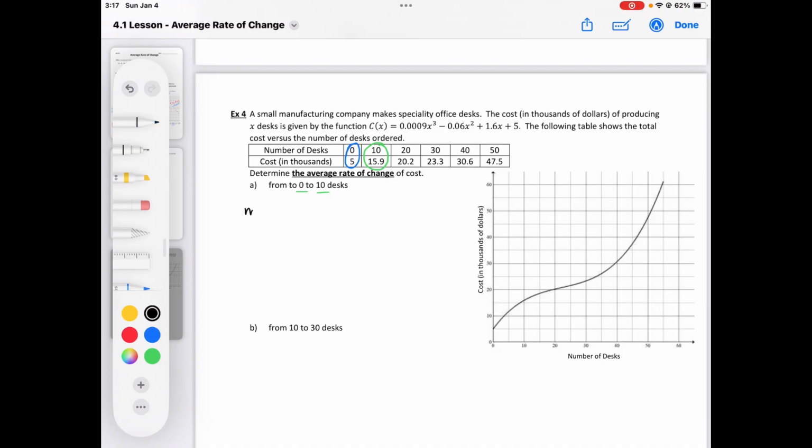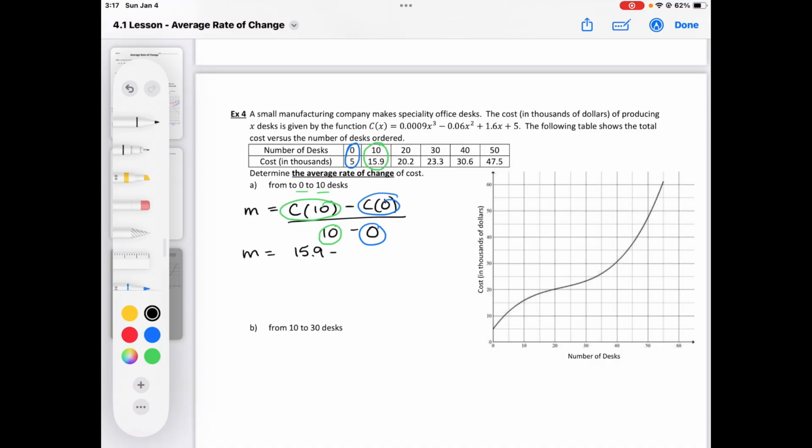So when I go to set up my average rate of change, I'm going to take the difference, my f at x value, which is the function at 10, take away my function at 0, all over the difference between those two x values. So here at 10, this part here represents the part in the table that I've circled out in green. And then the second part here represents the part in the table that I've circled out in blue.